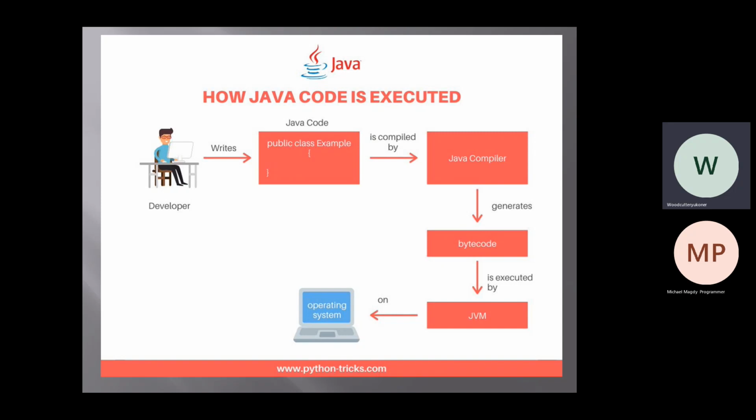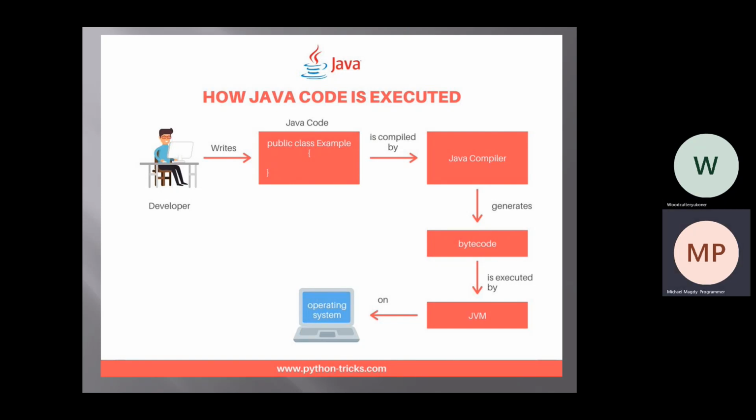The Java compiler will generate bytecode, and the Java machine will convert it to machine code that runs on any hardware. You're done? Okay, great. I hope this point is clear.